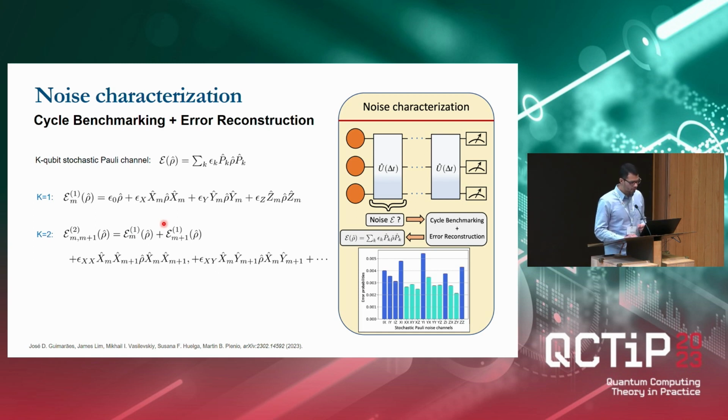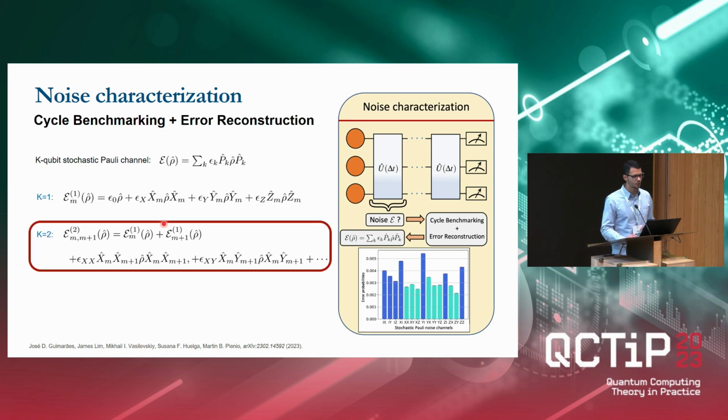We found by doing several experiments on IBM quantum computers that it's enough to characterize a 2-qubit stochastic Pauli channel in the quantum circuit, and this provides an accurate description of the noise on the Trotter layer. In general, we believe this will be satisfied for local Hamiltonians.